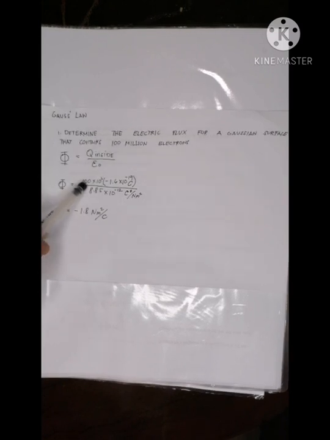Whereas our total charge on the surface is 100 million, or 100 times 10 to the power of 6.